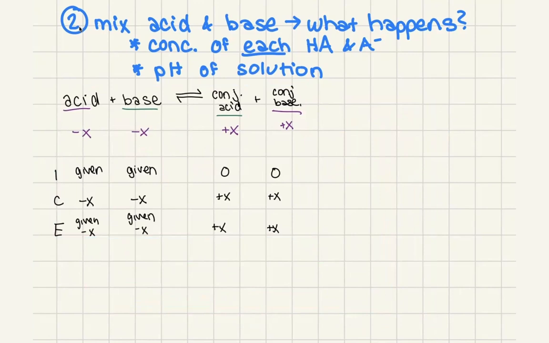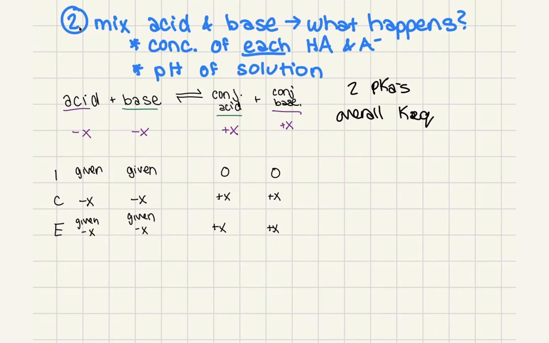But in this case, we're going to have the Ka of both our acid and our base, so two pKas for the individual acid and base reactions that are going on in here. And then we're going to have an overall Keq for the equation.